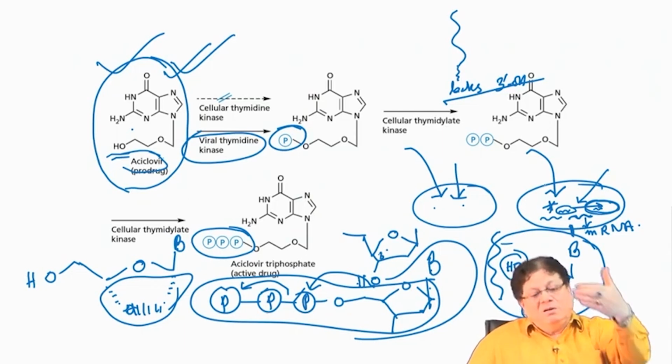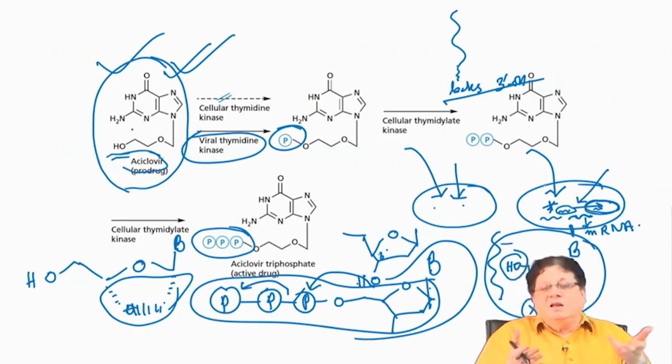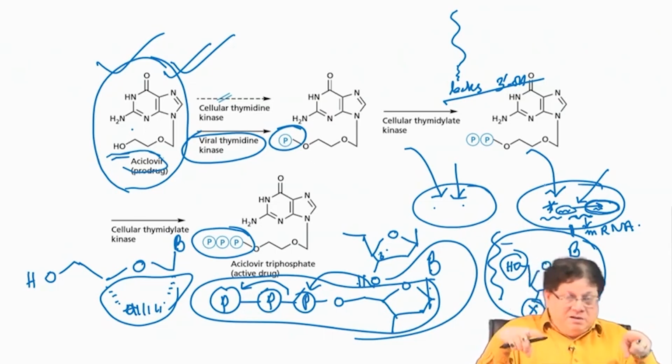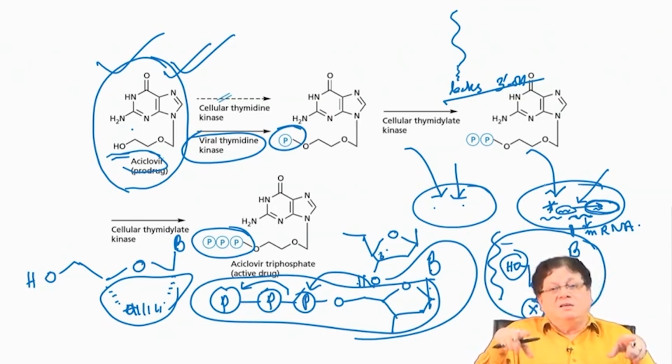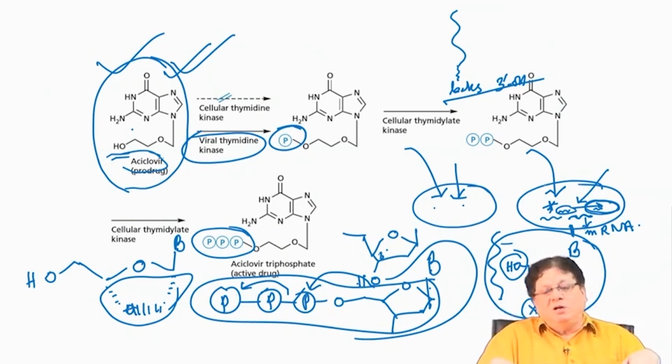Or it can react to form the phosphodiester, but after that the RNA cannot grow any further. So, there are two ways it can stop the RNA polymerase. One is acting as an inhibitor, binding to the active site, and the other is being incorporated into the growing chain, but once it is incorporated, the chain growth stops. Okay. So, basically the virus cannot make the mRNA.